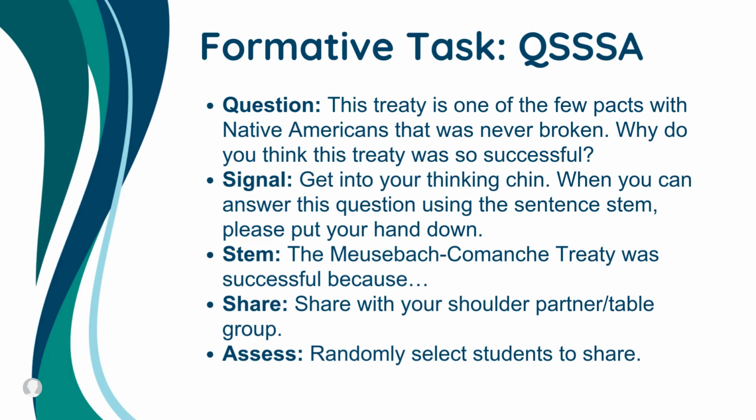This helps keep everyone accountable, but also lets them hear more perspectives. Remember that your goal is to encourage reasoning over recall and foster deeper understanding. And then you can conclude by highlighting some of the ideas that you heard in class.